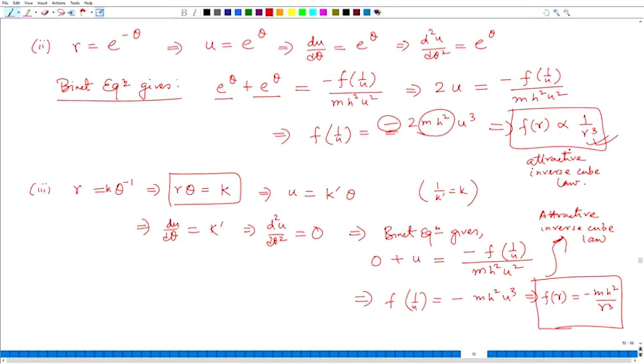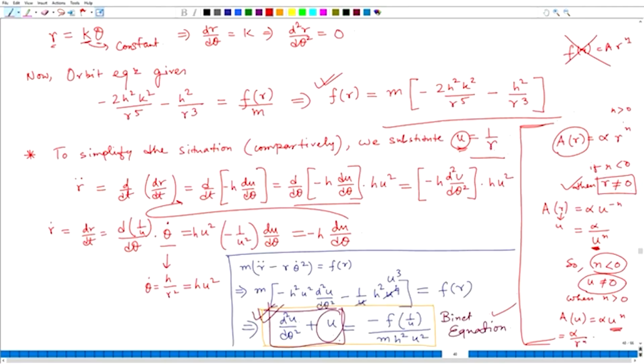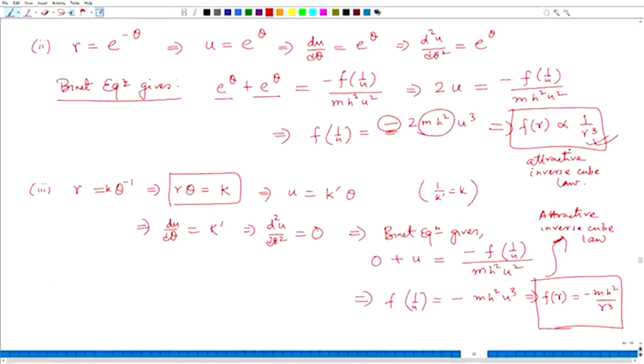Now, why have I discussed these two examples? After seeing this Binet equation, maybe you have an impression in mind that if I give a law of force, then I will get the trajectory, or if I give a trajectory, I get the law of force, and that this correspondence is one to one. These examples are trying to contradict that.